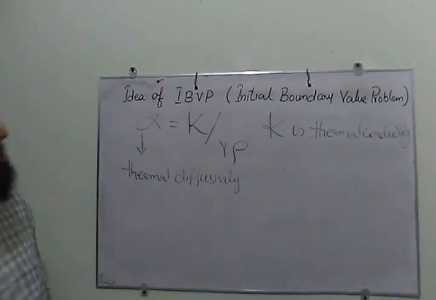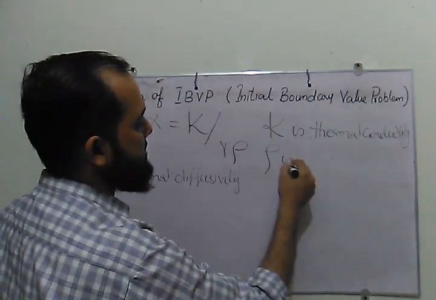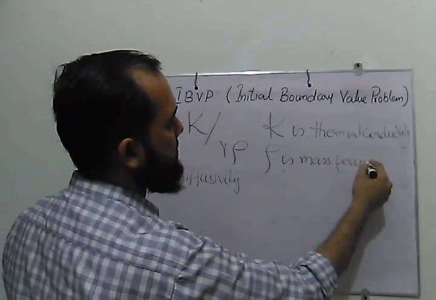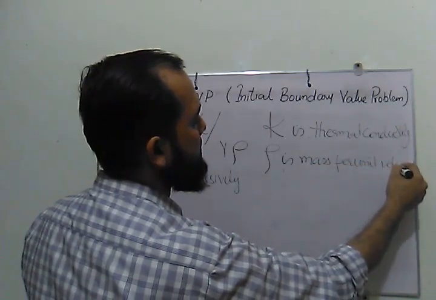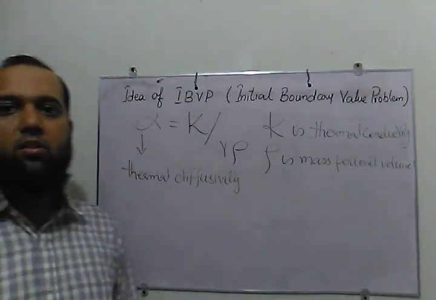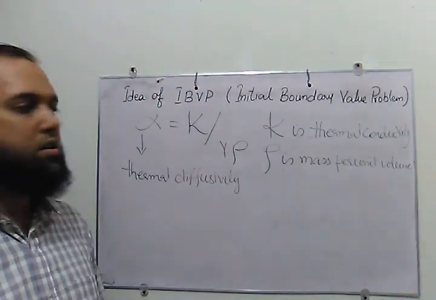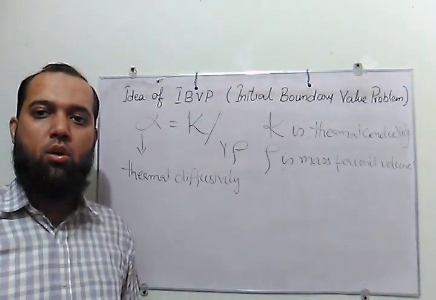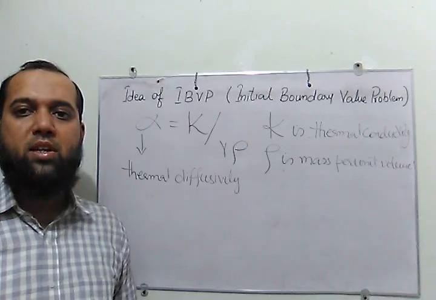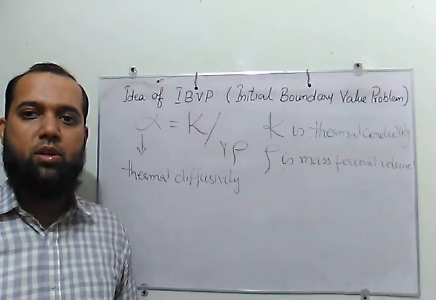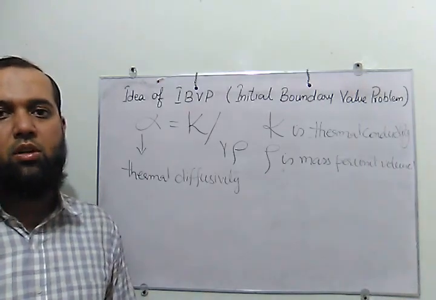Then rho is mass per unit volume. For the simplest heat equation, we consider that this is a constant, which means that the material is homogeneous in the whole rod. It is not a mixture of two different materials, and the mass per unit volume is the same everywhere on the rod.